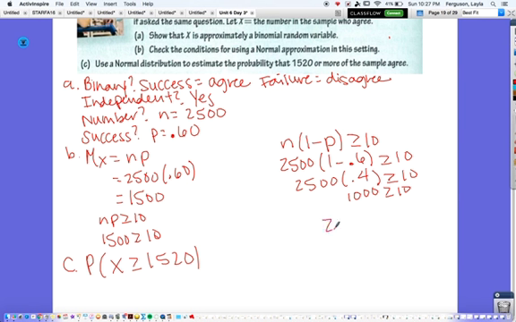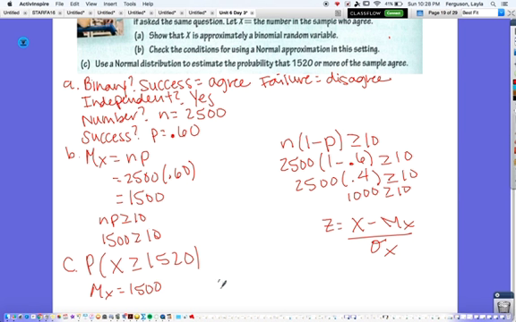Remember, in order to find our z-score, we take our observation minus our mean, over our standard deviation. So we need to find what our mean is, and we also need to find what our standard deviation is. We already know that our mean is 1,500. We were able to find that up above.